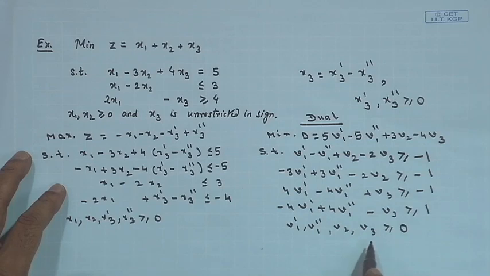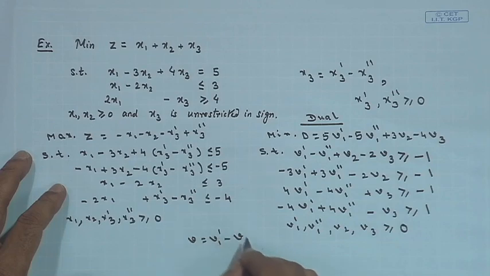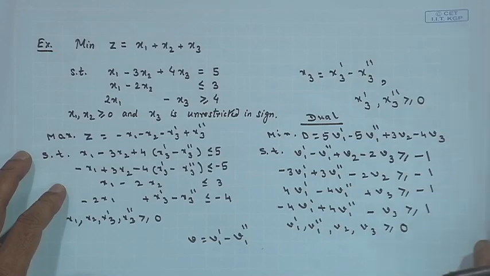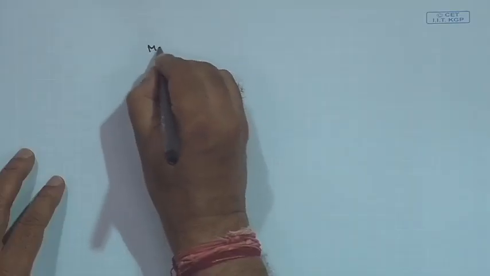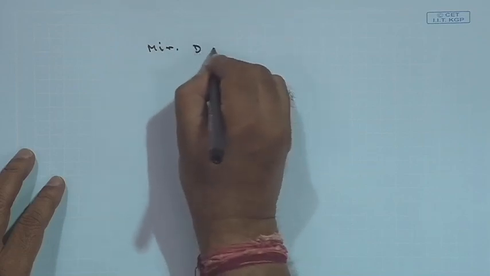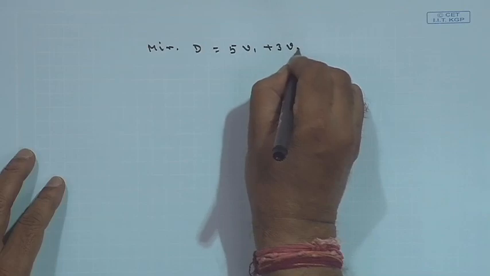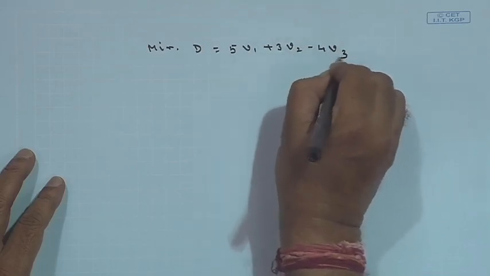So, this is the problem. Now, let us assume that v1 equals v1 dash minus v1 double dash. Then this dual problem I can write as: minimize d equals 5 v1 plus 3 v2 minus 4 v3.